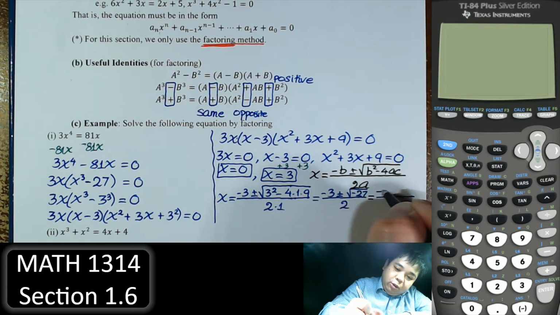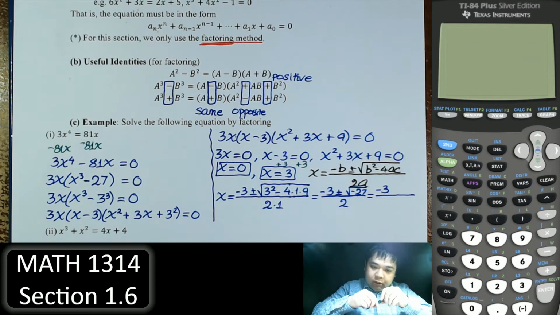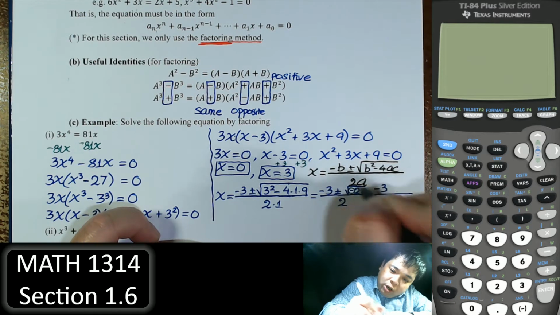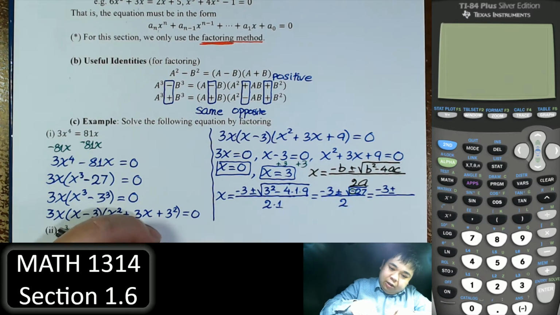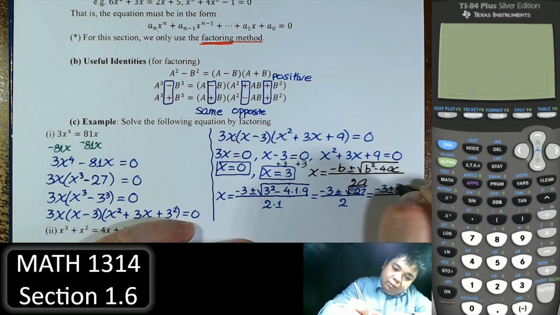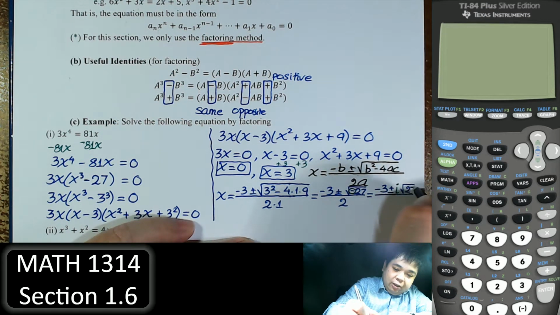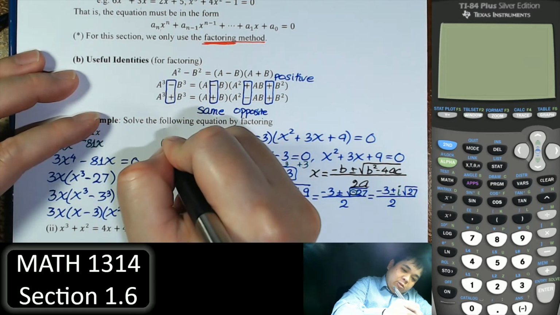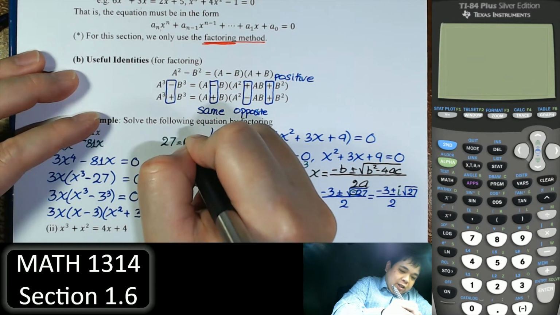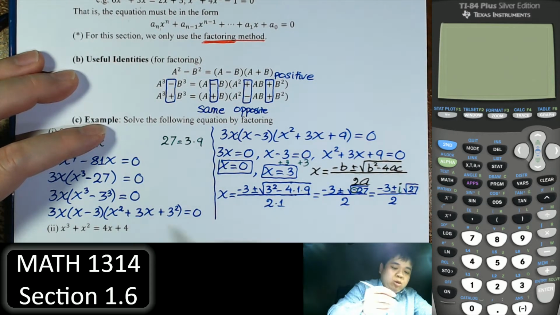So we have negative 3 plus or minus the square root of a negative number, that's the imaginary i, and the square root of 27, over 2. If we simplify it, 27 is 3 times 9, or 3 times 3 times 3.